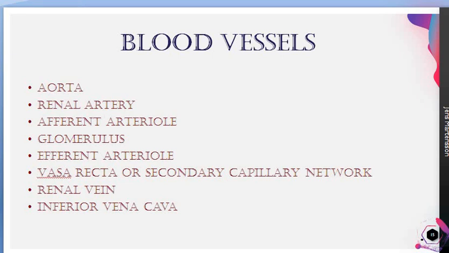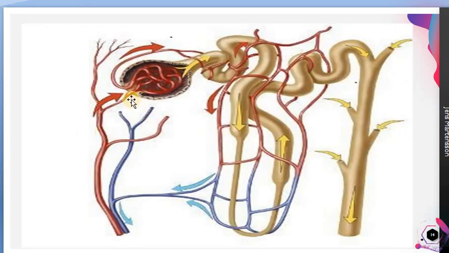Now I need to give you one important thing to note. Look at this, the afferent arteriole is a little bit bigger than the efferent arteriole. The width or the diameter of this tubule is a little bit bigger. Okay, remember this structure for our next class. So what are the blood vessels here?